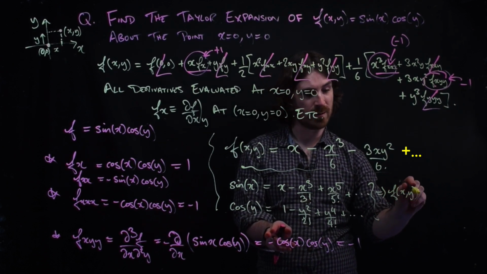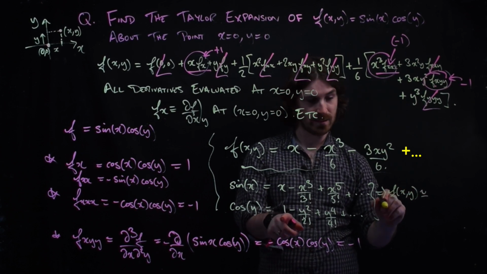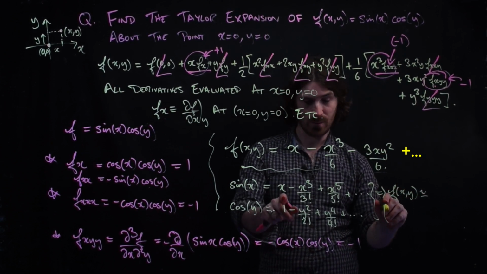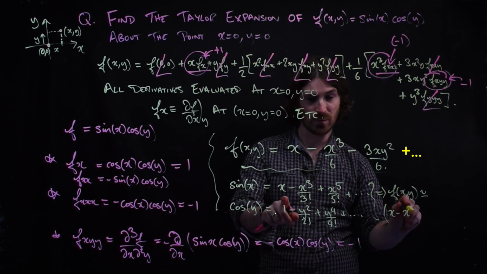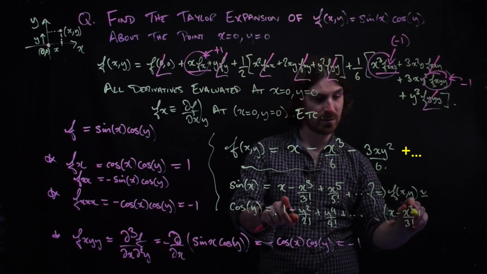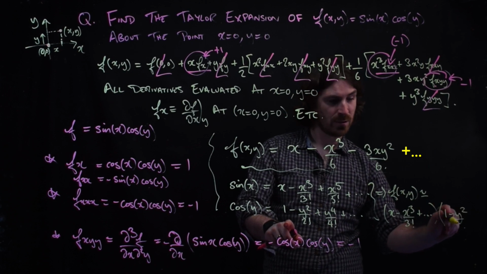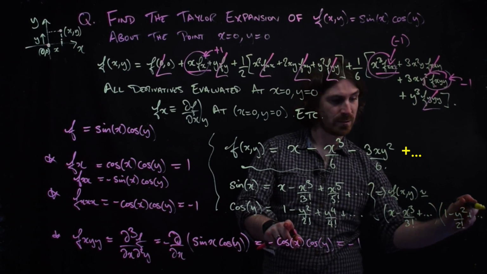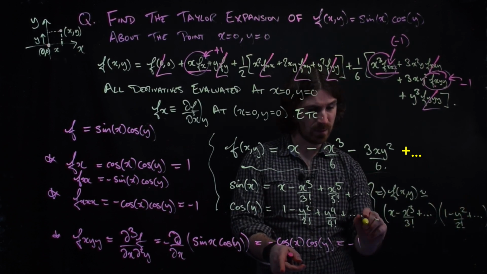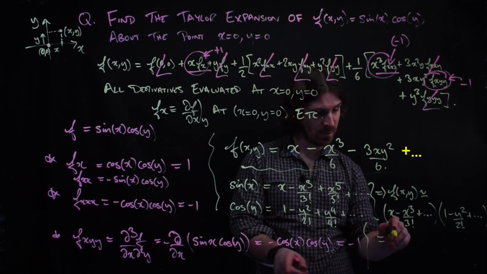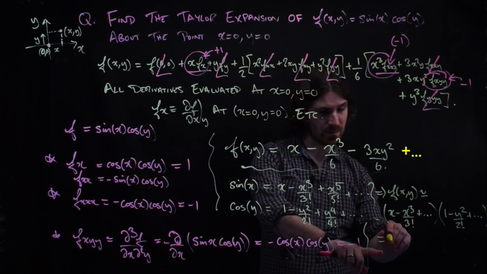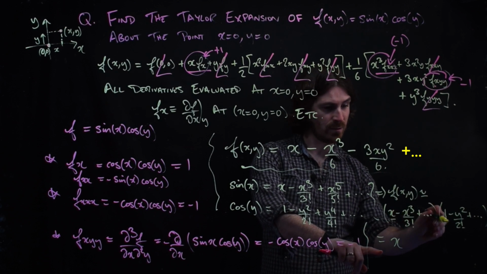We can approximate it as x minus x cubed over 3 factorial times 1 minus y squared over 2 factorial plus and so on. Okay, and this equals, there's an x times 1 is x.